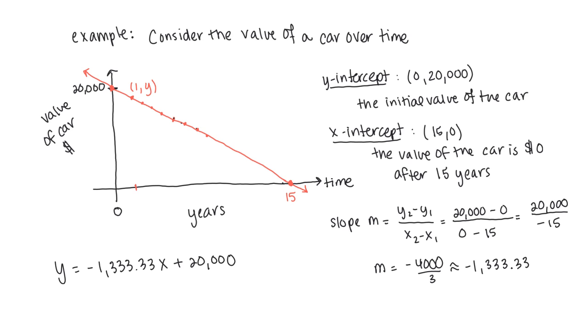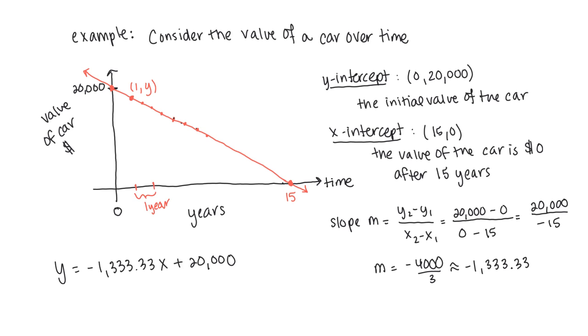So how can we interpret this slope value here using what we learned on the previous page? So for every 1 unit change in x, y changes by this amount. So now thinking about the context of the problem here, what does 1 unit in x mean? Well, to go from here to here, if this is 1 unit in x, this represents 1 year.